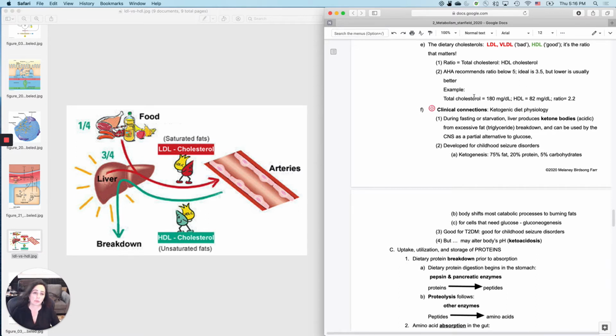So an example would be a total cholesterol of 180 milligrams per deciliter. If your HDL is 82 and you got 180, that gives you an awesome ratio of about 2.2.